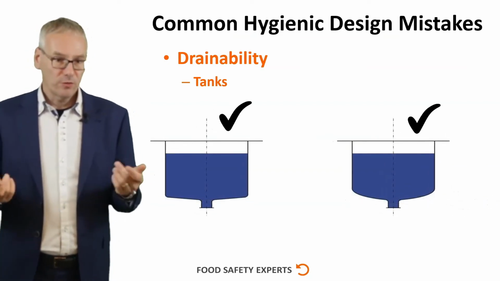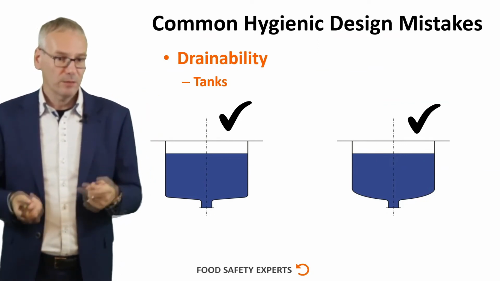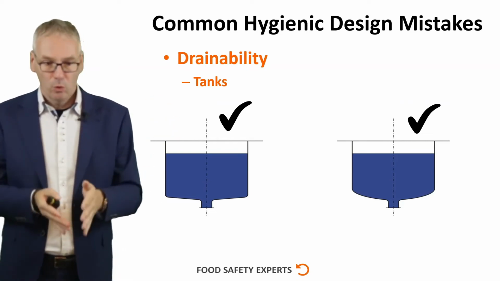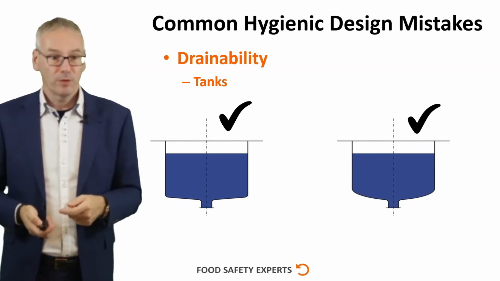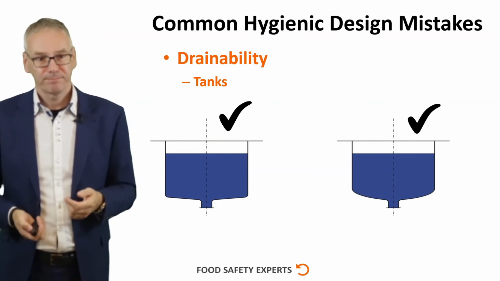Here are two other typical designs, where you have a curved shape of the tank bottom leading to a central pipe, so that any liquid will always drain fully from the tank. Only those tanks are of a proper hygienic design.